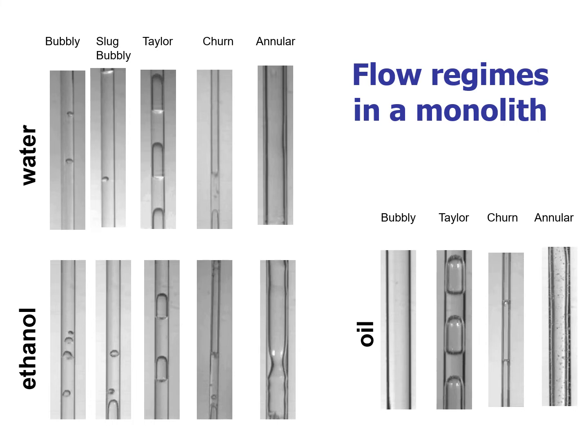With a liquid such as ethanol, we have more or less the same kinds of flow regimes. Bubbly flow, slug bubbly flow, Taylor flow, the one to aim for, churn flow with long elongated bubbles.